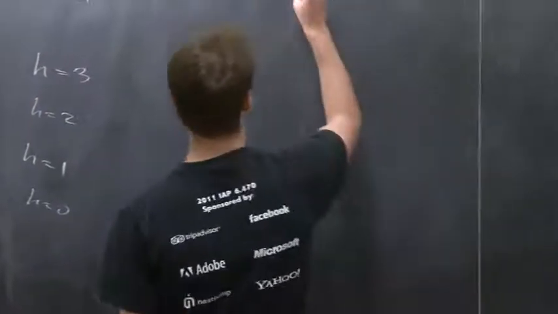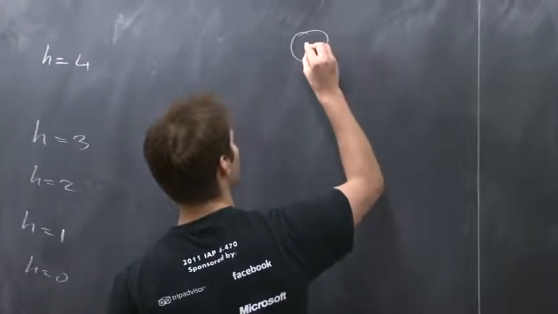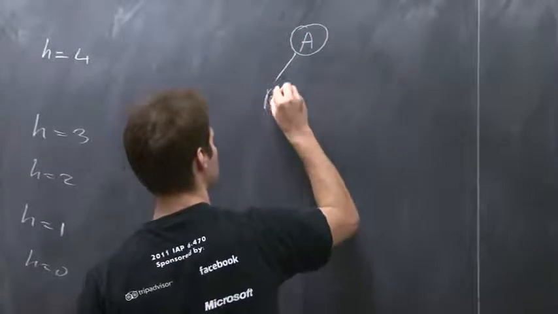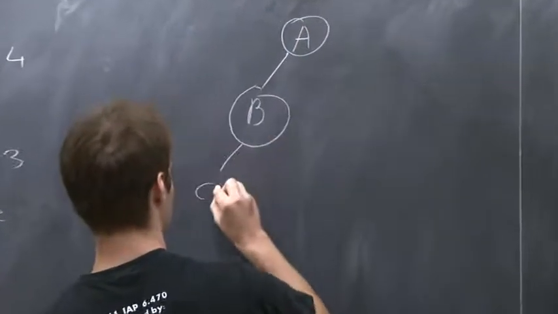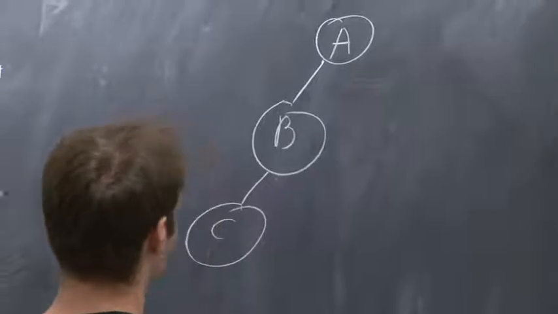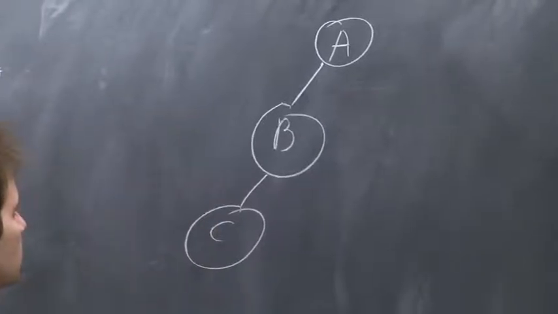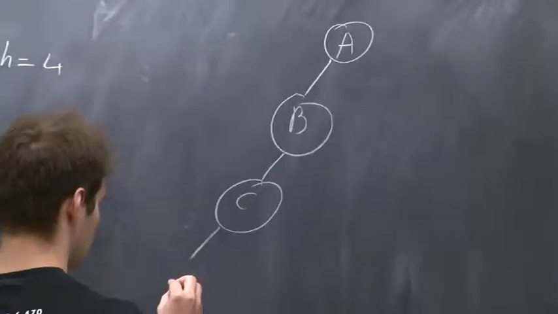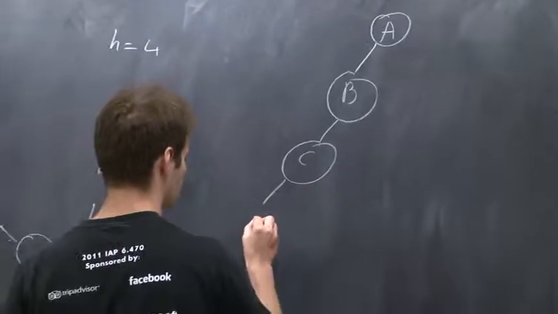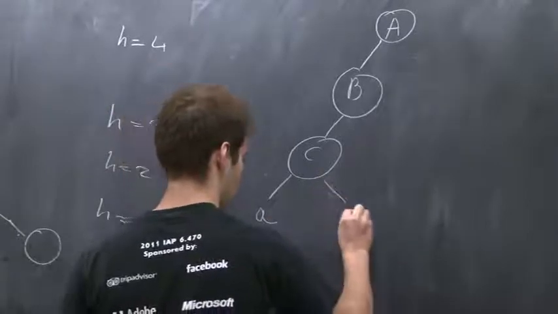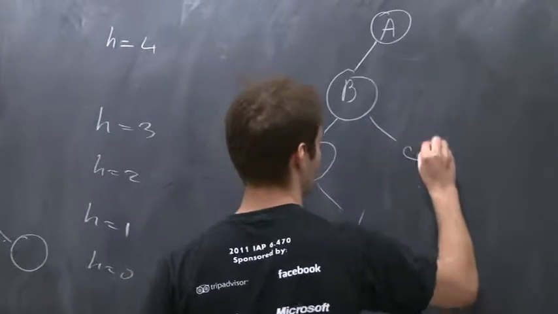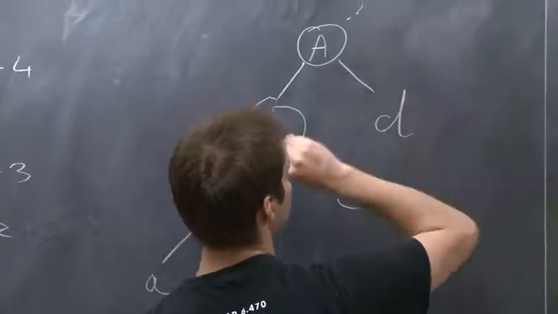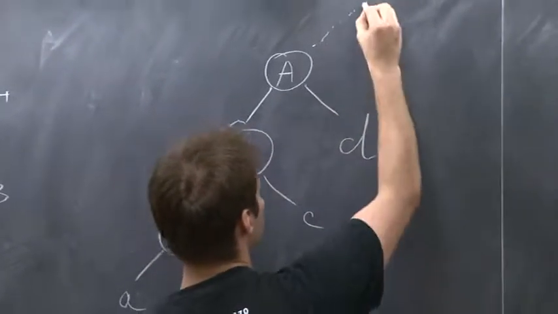So suppose we have nodes A, B, C, and the children of these nodes are A, B, C, D. Also, this node is hanging off of something, say E.